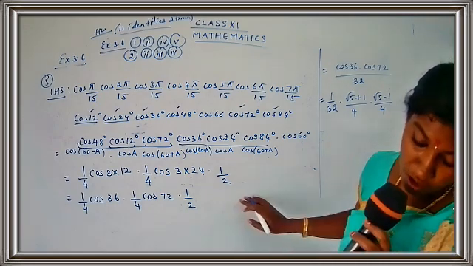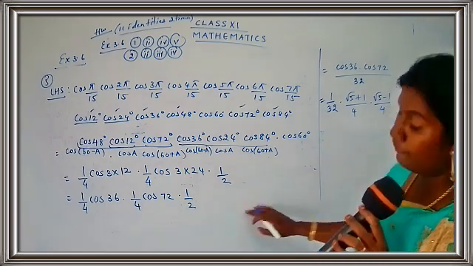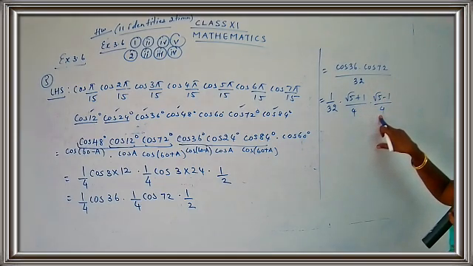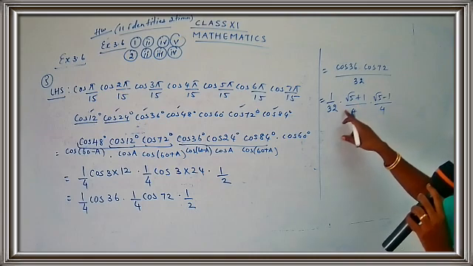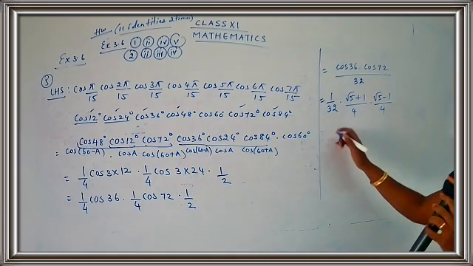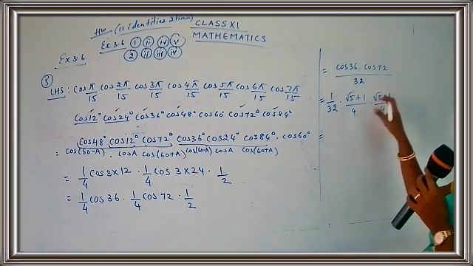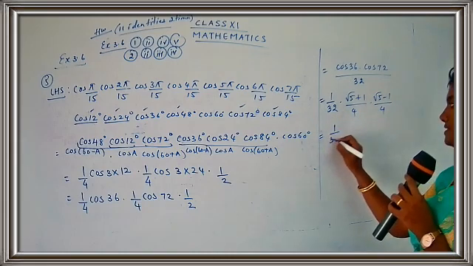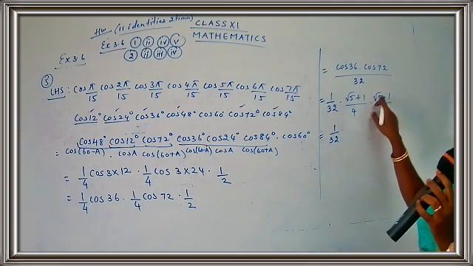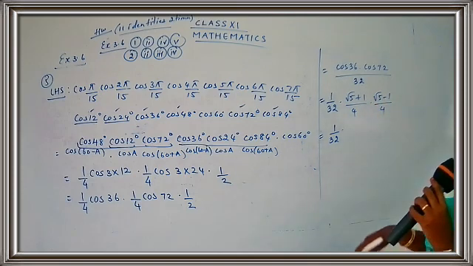What is the formula for cos 36? Root 5 plus 1 by 4. And for cos 72, it is root 5 minus 1 by 4. Very simple. You can just take all the denominators separately and multiply the numerators. I'll just keep this as it is. 1 by 32 into root 5 plus 1, root 5 minus 1. A plus B into A minus B. What is the answer children?